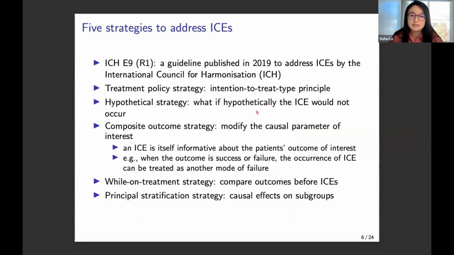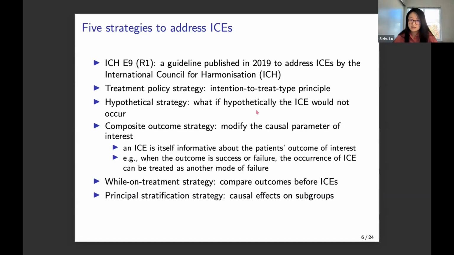In 2019, the International Council for Harmonization published a guideline that tells how we should address all those intercurrent events in randomized controlled trials. Specifically, there are five strategies that were recommended in this guideline. I'll introduce them briefly one by one.